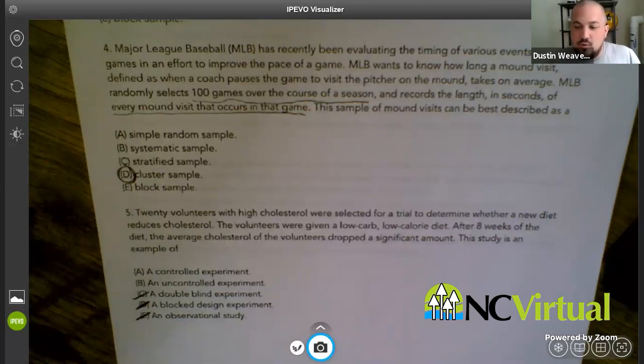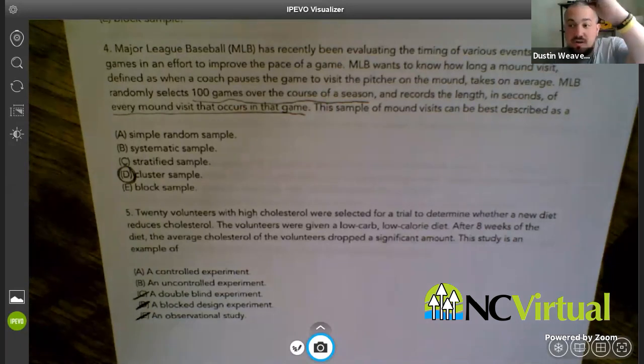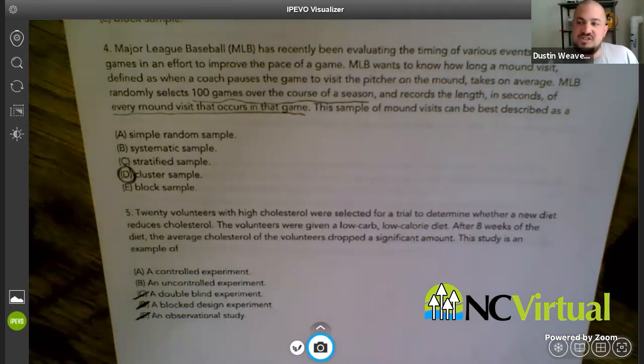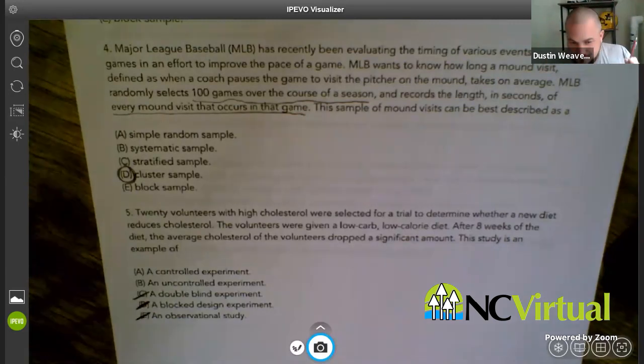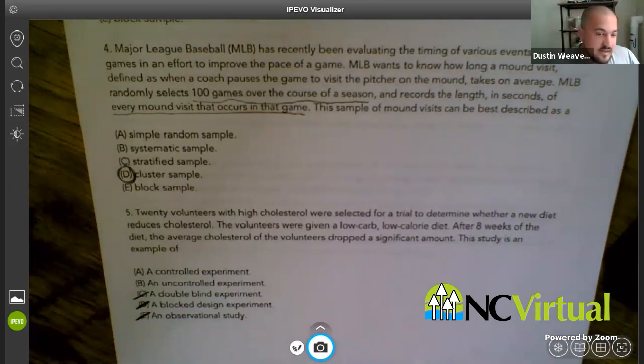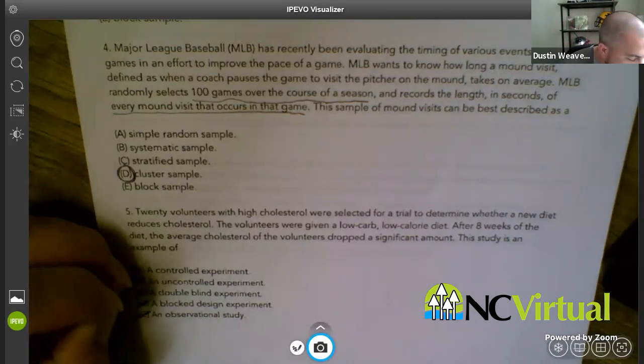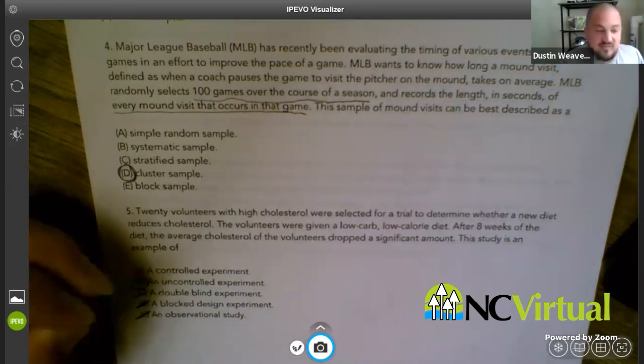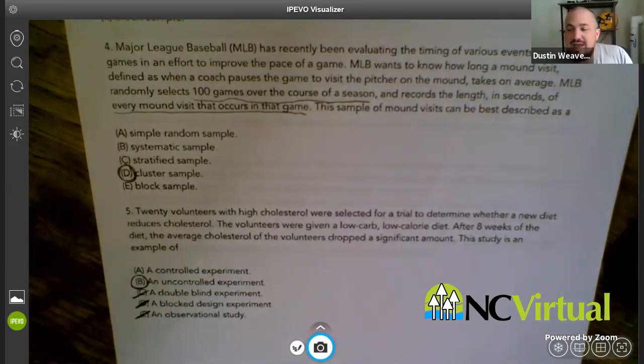But if we had a control group that had a regular diet, and then we had this group that had a new diet, then at the end we could see, is there a significant difference between people on the regular diet and people on the new diet? That way, we're able to say that the new diet actually caused the difference. So this is an uncontrolled experiment, because we don't have a group to compare it to.